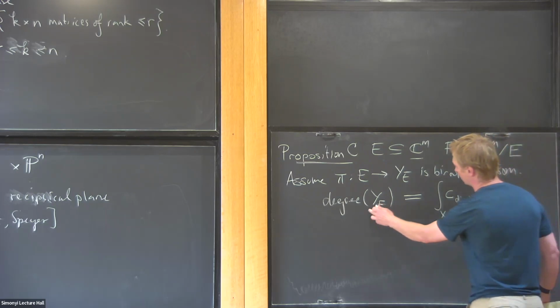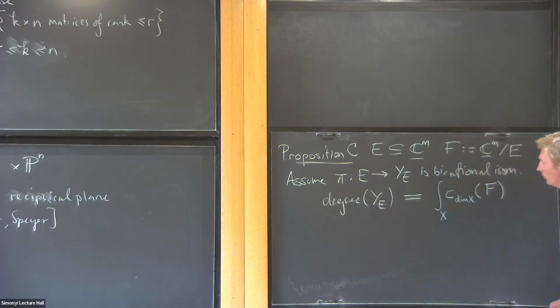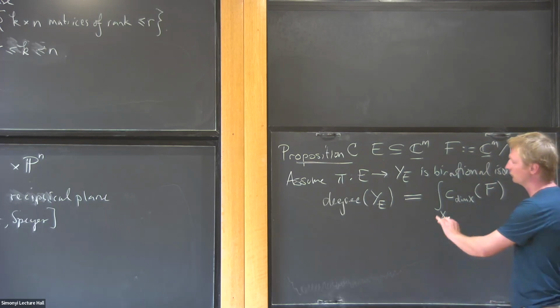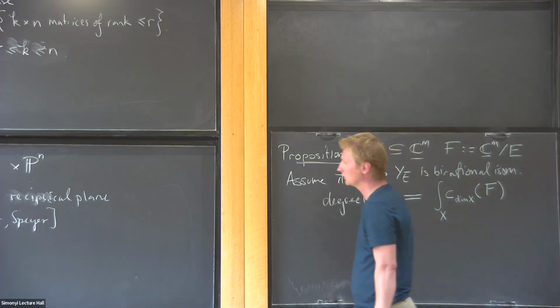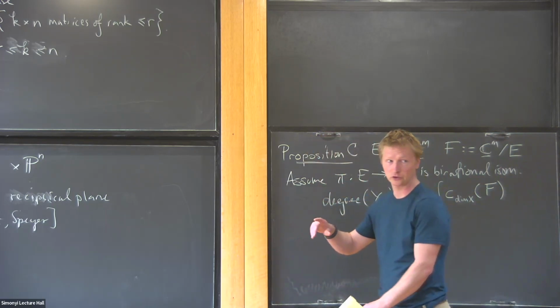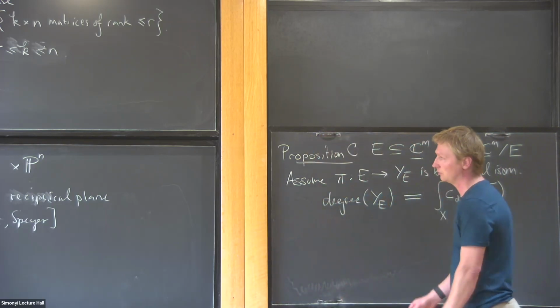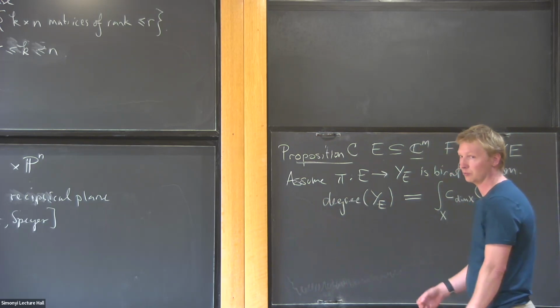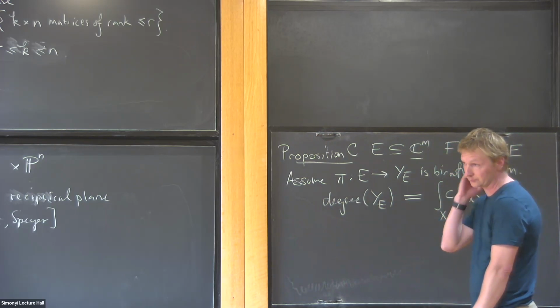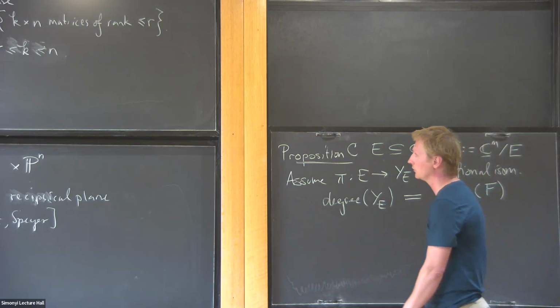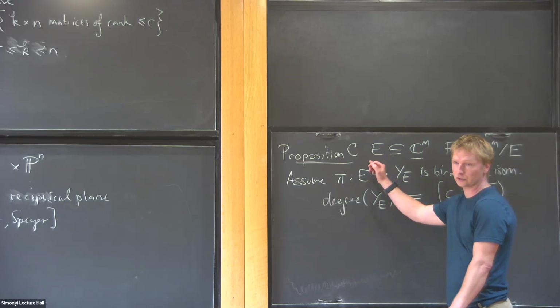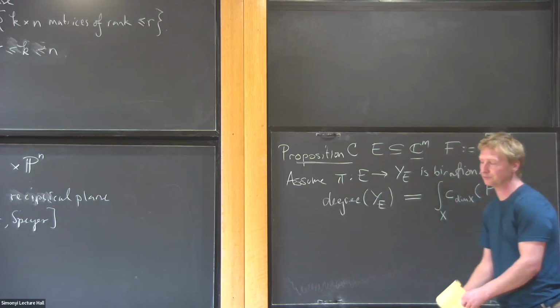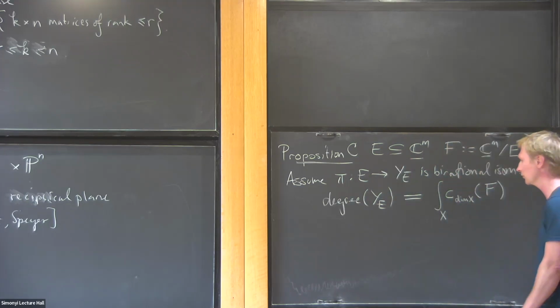So what do I mean by degree on the left side? The first thing to notice is that the collapsed bundle is always a cone, meaning that it's cut out by homogeneous equations. The reason is that the vector bundle E has an action by scaling, so a one-dimensional torus acts on it.